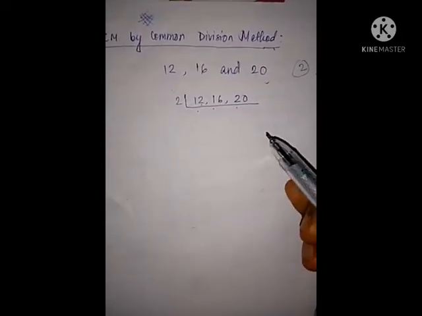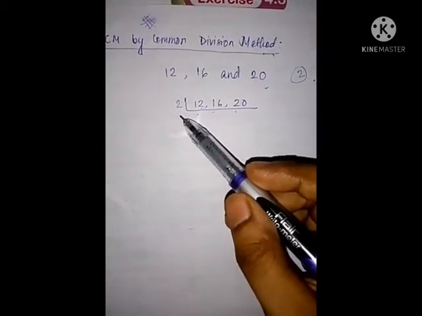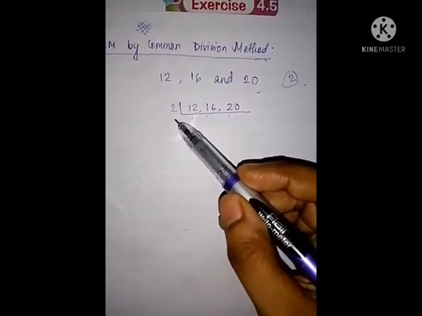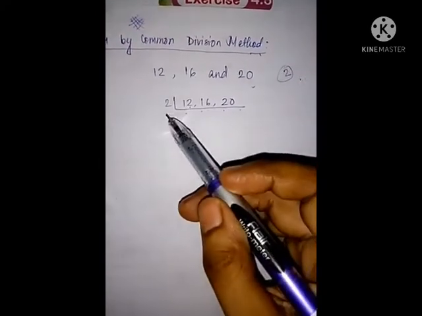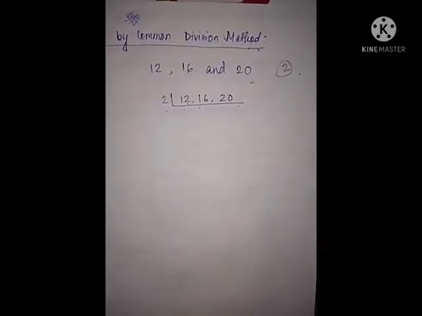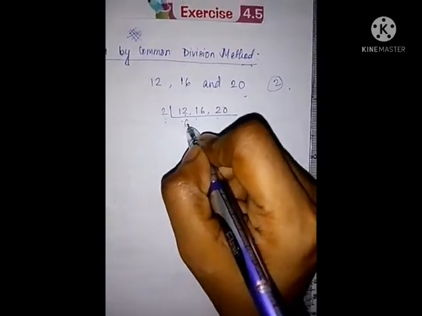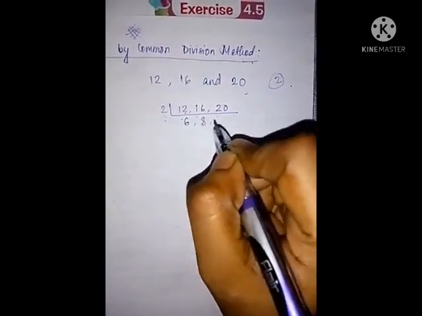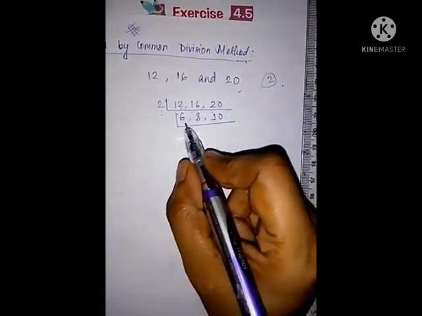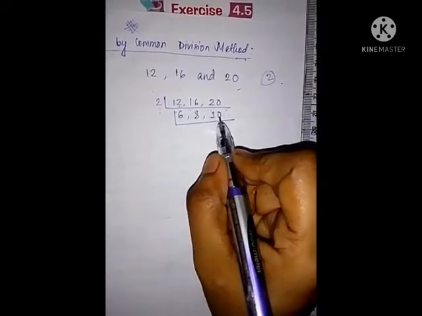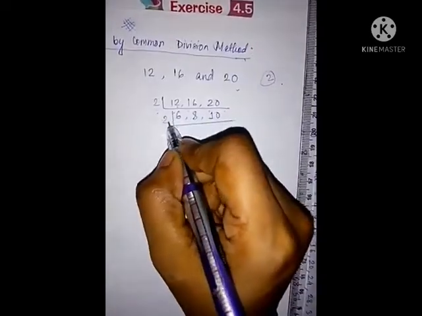So we start from the smallest prime number, by which at least one of the numbers can be divided. So we take 2 here: 2 6s are 12, 2 8s are 16, 2 10s are 20. Now we can again use 2 because all these numbers are divisible by 2.